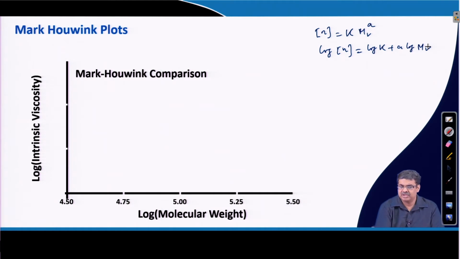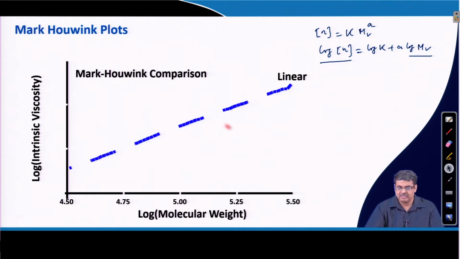If we plot this on the y axis and this on the x axis, from the slope we can get the value of A, and from the intercept we can get the value of log K.